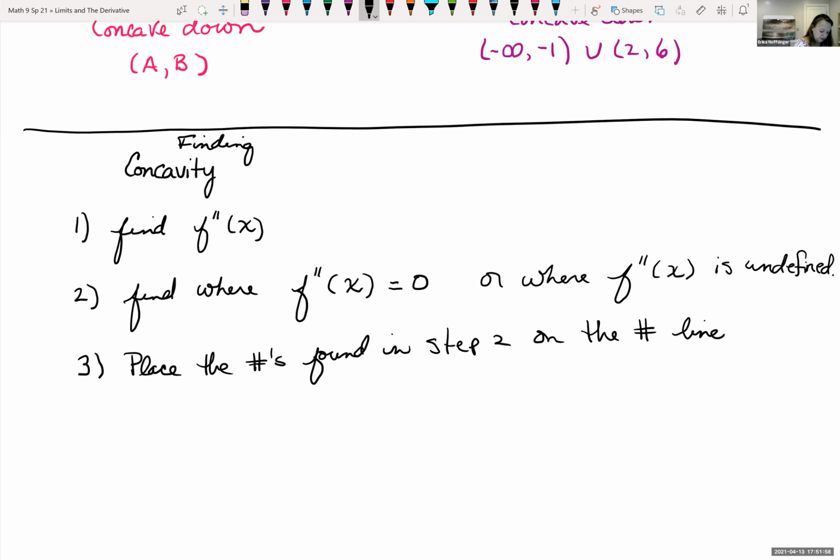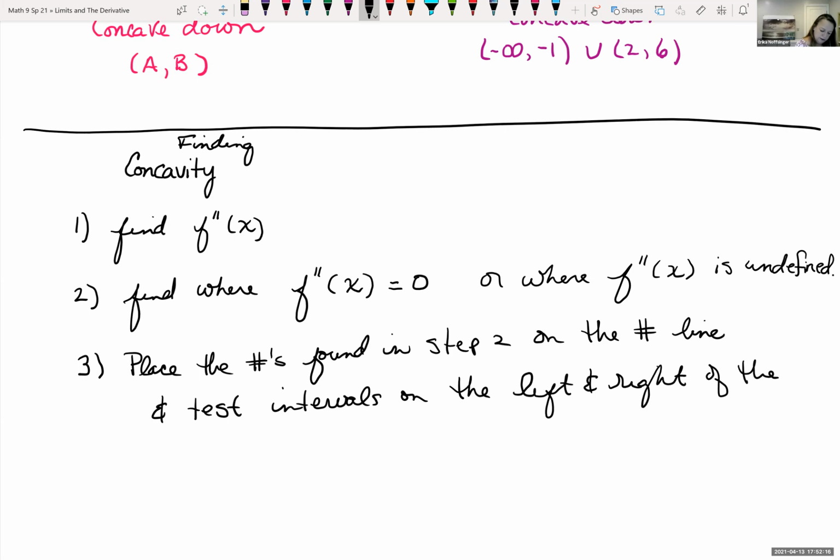And then you want to test intervals on the left and right of these numbers into the second derivative.